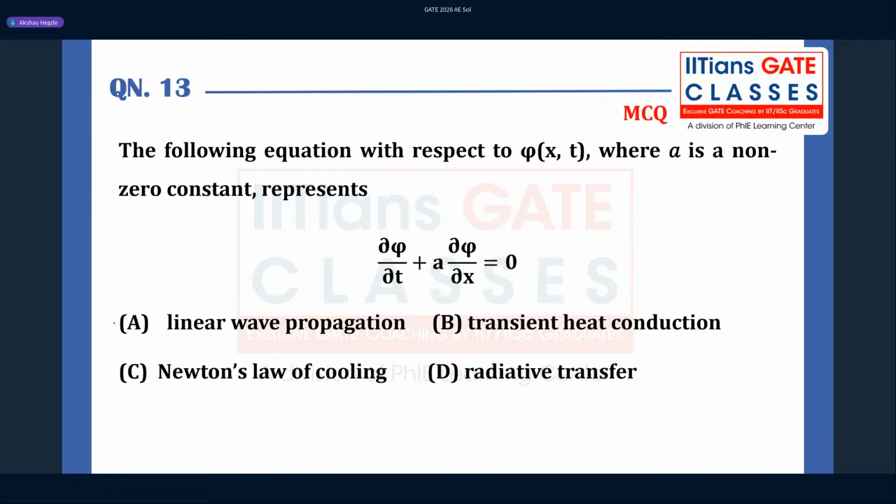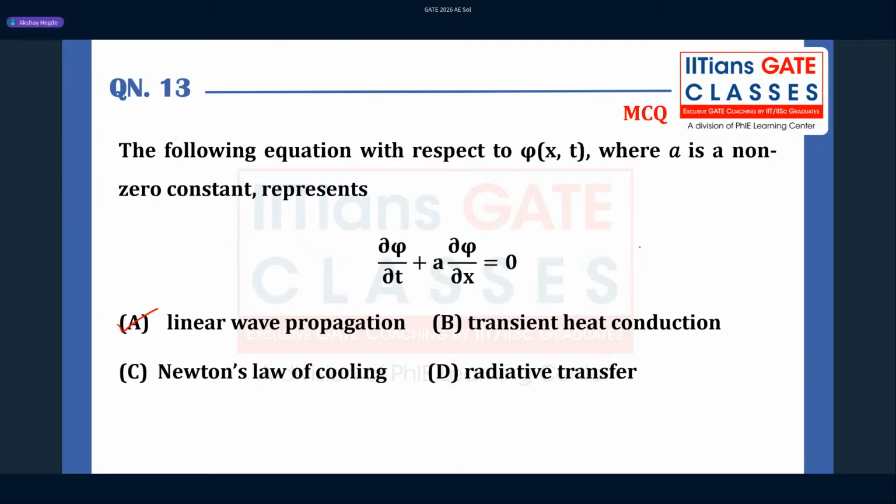So this is actually option A, and we know heat conduction is related to the second order derivative, whereas Newton's law of cooling, that is straightforward, tells you the heat is proportional to the changes in temperature. Radiative heat transfer has a different equation, right? So this is the wave equation.